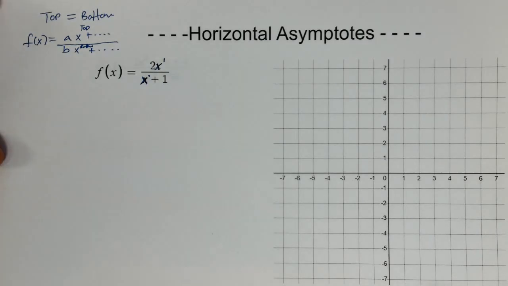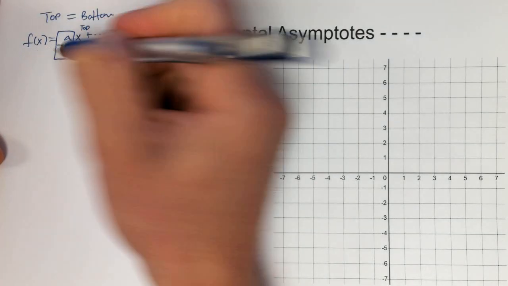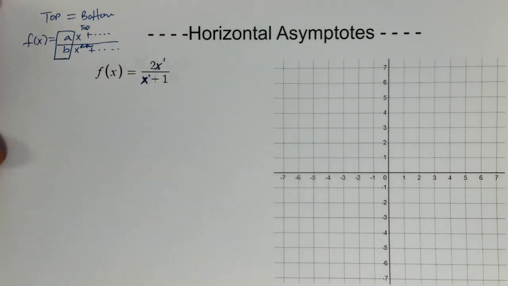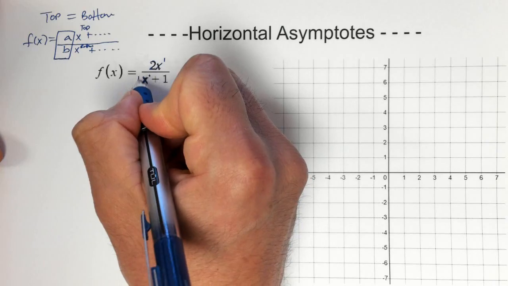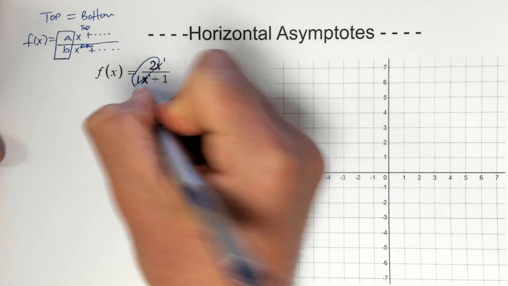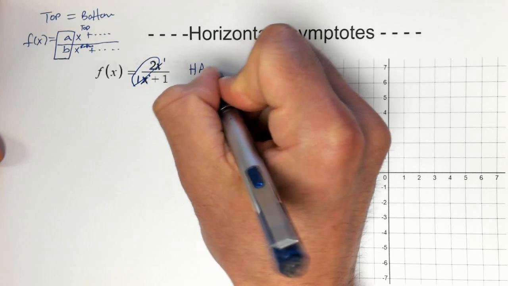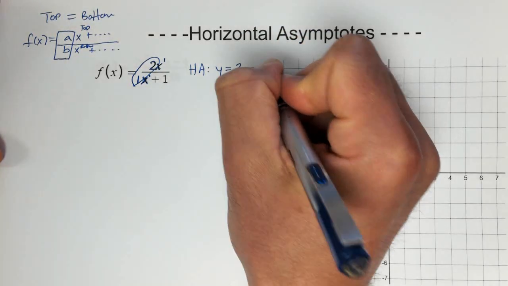Since the top equals the bottom, I'm going to take the ratio of the coefficients as my horizontal asymptote. What does that mean? It means that I have here a 2 as a coefficient and a 1x as a coefficient. So the ratio of these two gives a horizontal asymptote at y equals 2 over 1, or just 2.